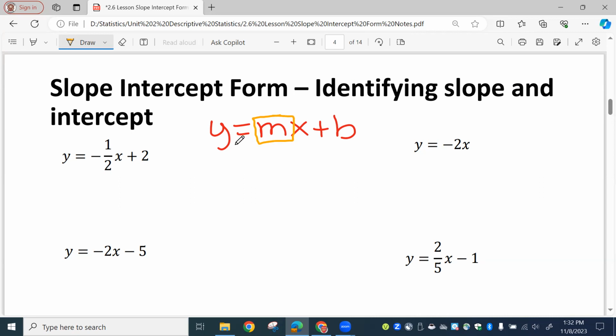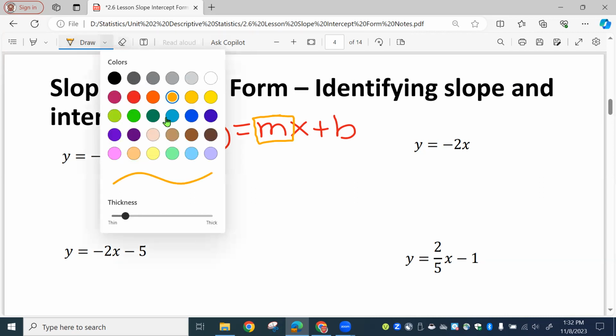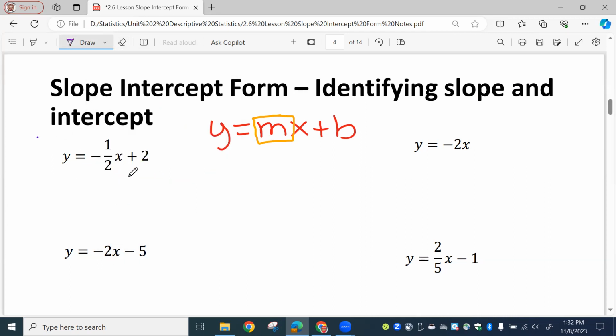So I can find the slope of each of these lines. They're all in slope-intercept form. I can just go find what value is in front of x, and that will be my slope. So if I look here, my slope is -1/2. Number in front of x, my slope is -2.